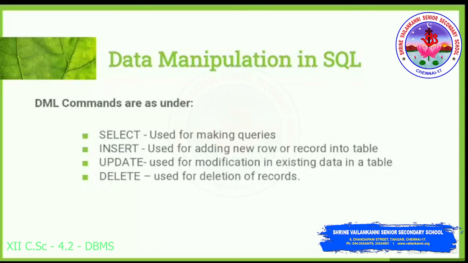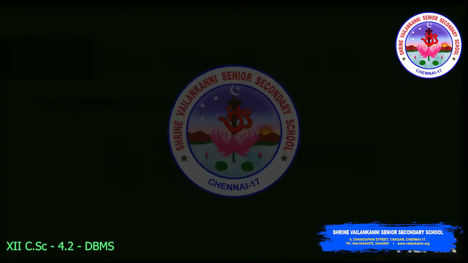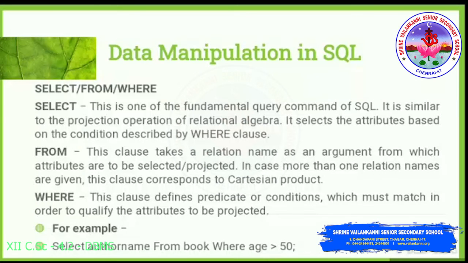Okay. So DML commands are as under, that is select, insert, update and delete. Select from where. Select is one of the fundamental query commands of SQL. It is similar to the projection operation of relational algebra. It selects the attributes based on the condition described by the where clause.